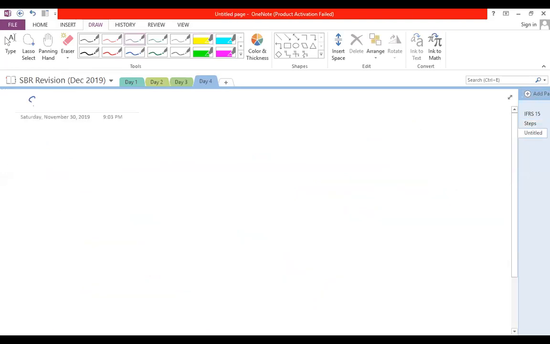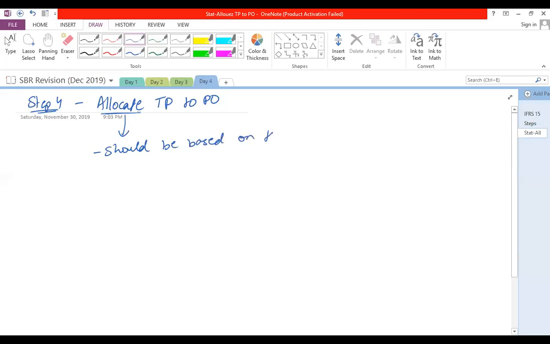Now the next step is step 4. In step 4, we are going to allocate the transaction price to the performance obligations. The allocation should be based on the relative standalone price.